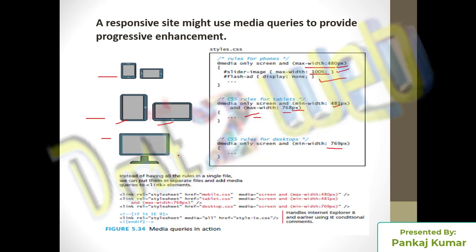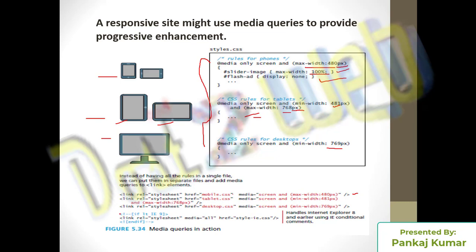Then when you use this in your HTML, you have to call it as an external CSS, that means a link stylesheet. If you are using different CSS files, you can define them, or you can even use everything in one CSS. You can also do that. You can see that I am using a link tag for the media screen 480, then 481 and 769.